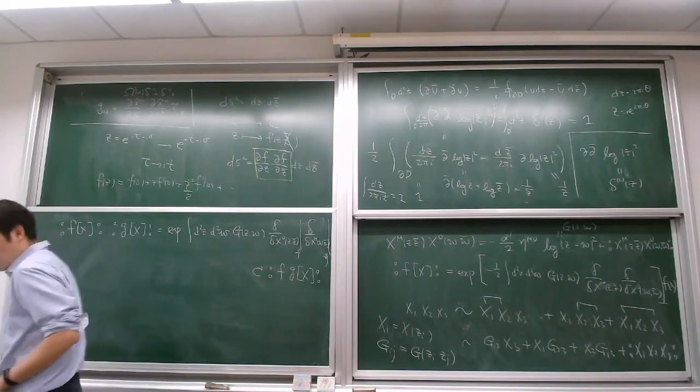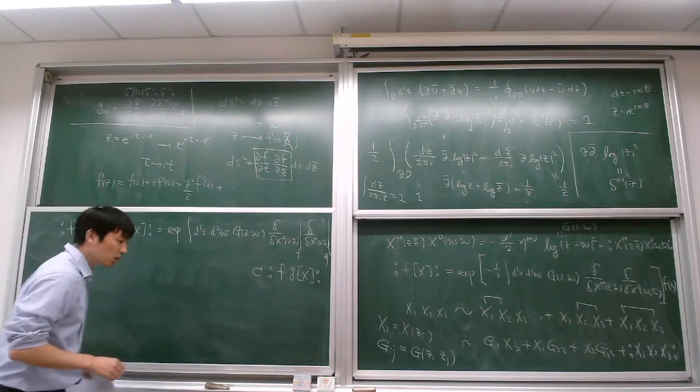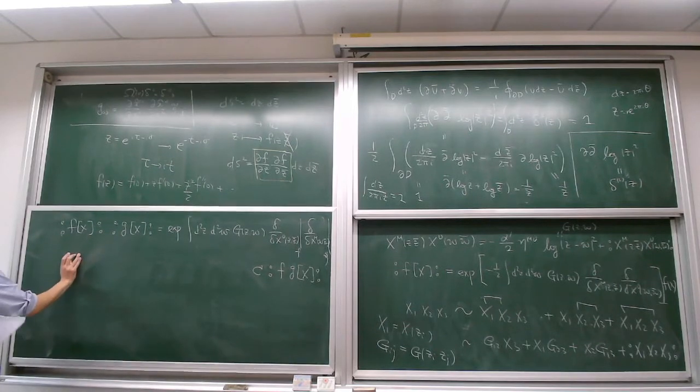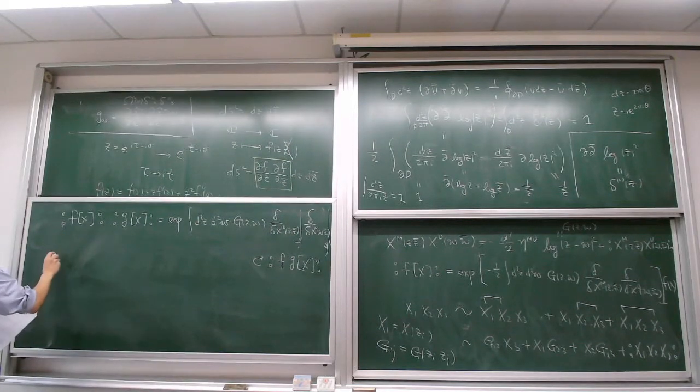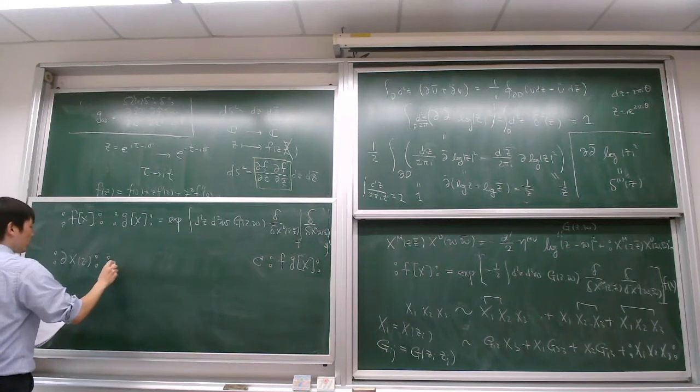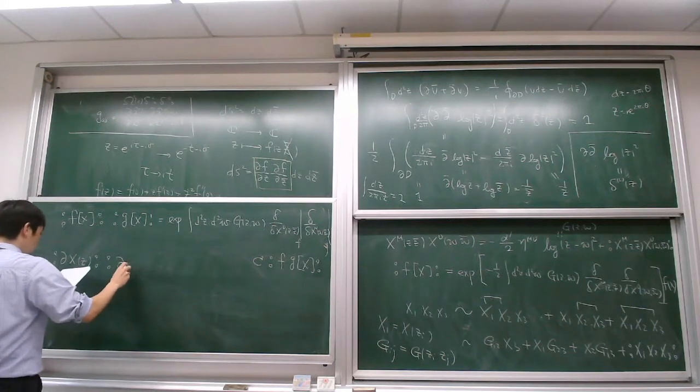So for instance, as an example, if you take the product of two operators, I'm going to omit the anti-holomorphic part because it's the same.